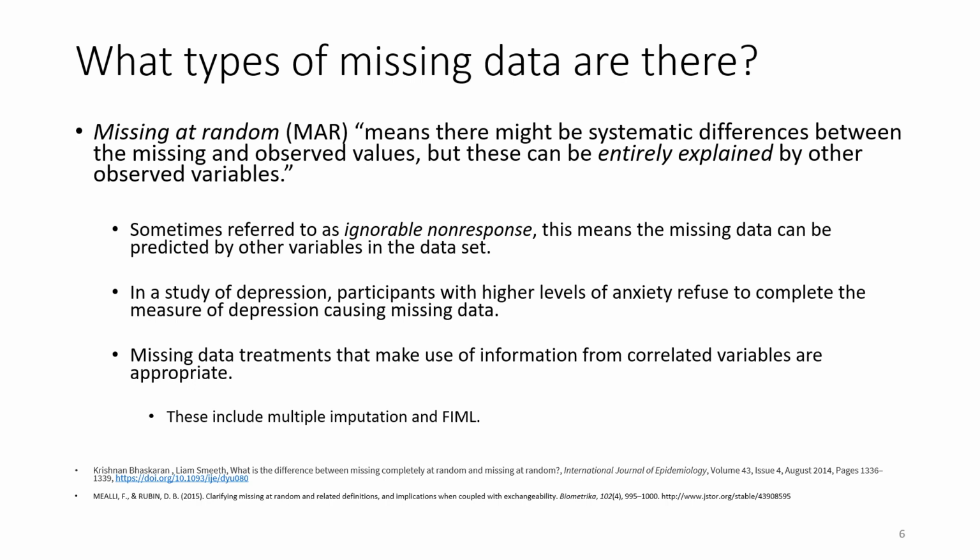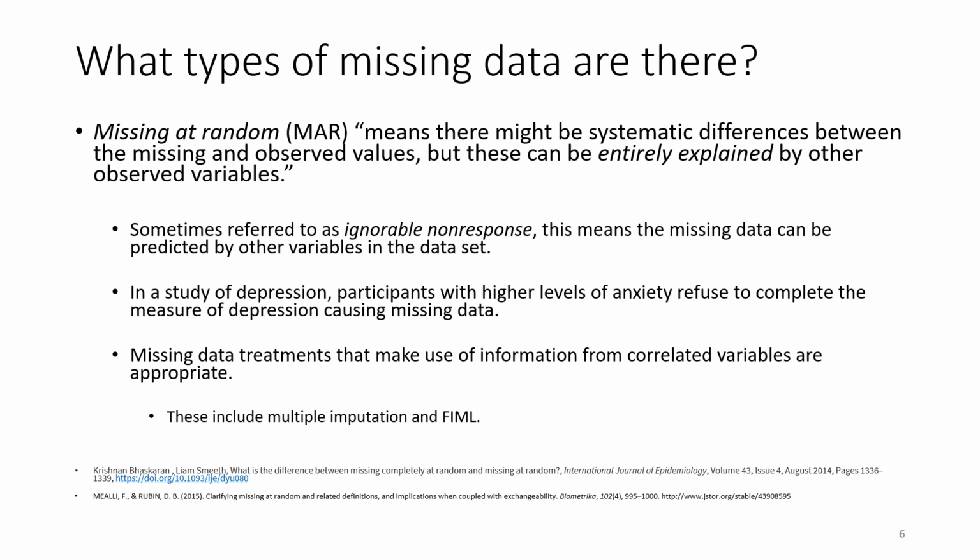This is sometimes referred to as ignorable non-response or ignorable attrition bias, and this means that the data can be predicted by other variables in the data set.